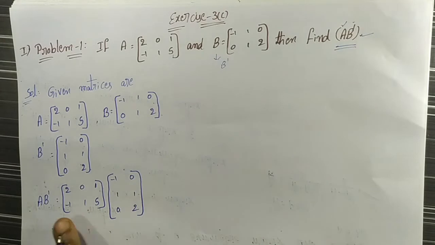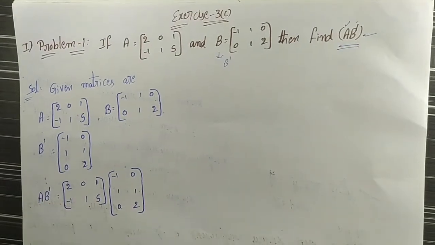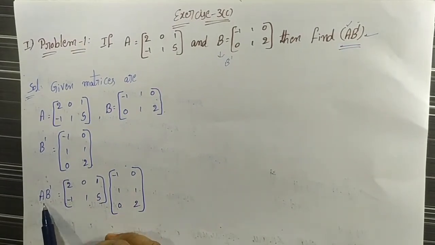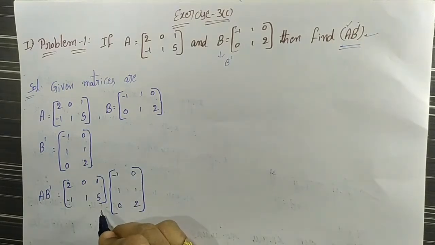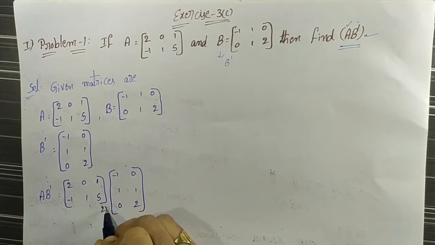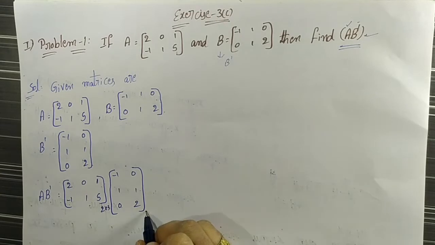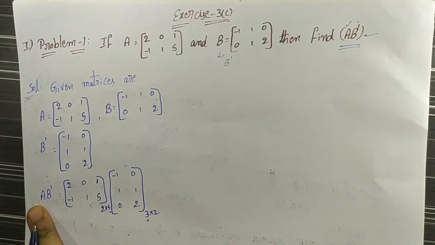First we check whether AB' exists or not. For that, first matrix A's order is 2 by 3. This is 3 by 2. Then these two values are equal, so AB' exists.